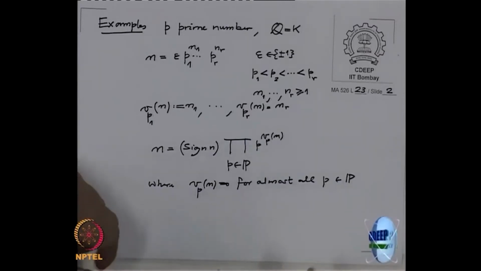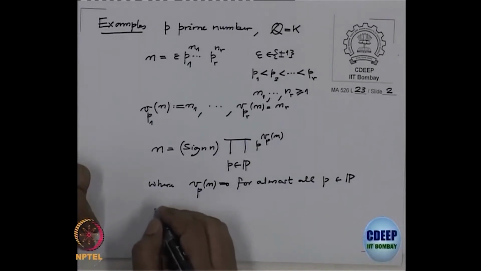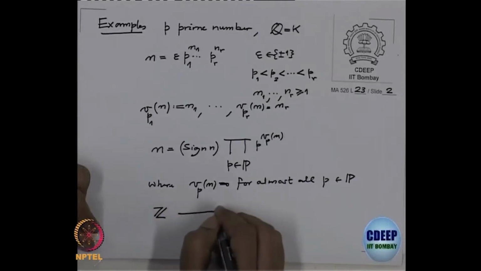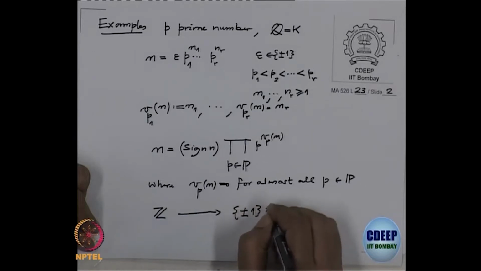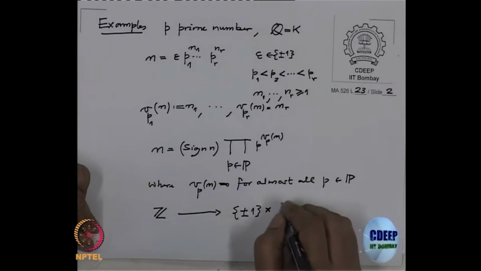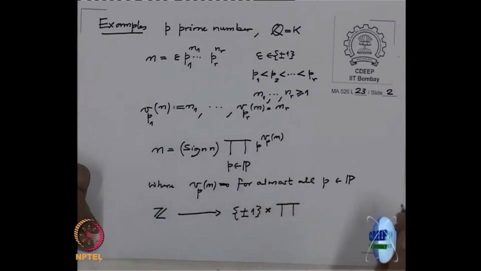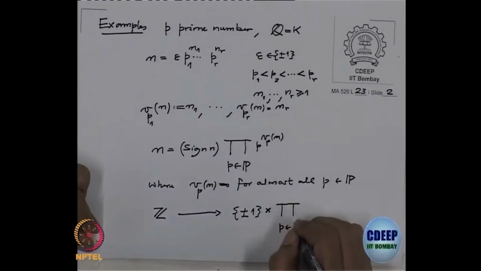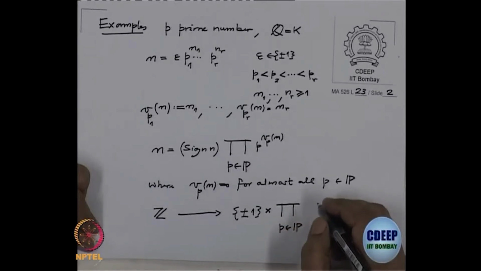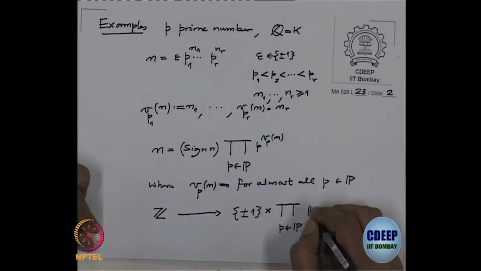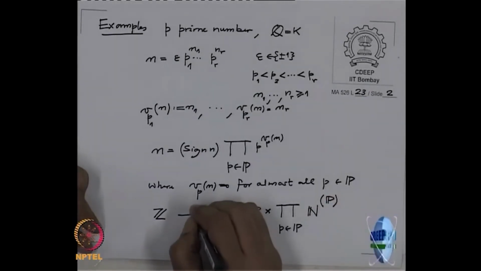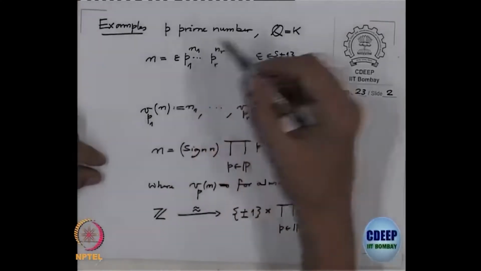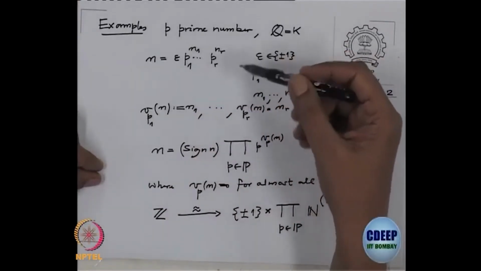This also gives you a nice identification of Z with the plus minus 1 group cross the product running over P of n to the power round bracket P. This is an isomorphism. So, these Vp's are the standard discrete valuations.